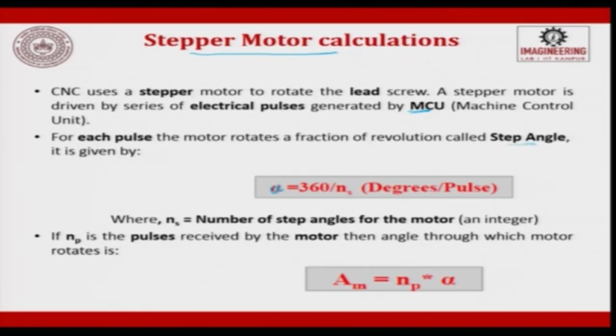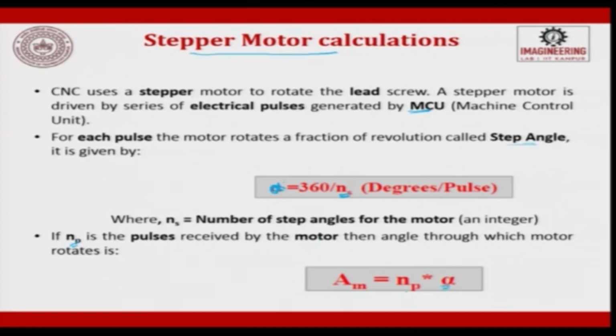So, this is the stepping angle: 360 divided by the number of pulses. This gives my alpha. It can be 360 divided by 200, 360 divided by 2000, 360 divided by 400, you can have any values. That dictates my alpha, the angular rotation. If NP is the number of pulses received by the motor, then the angle through which the motor rotates, AM, is nothing but NP into alpha.